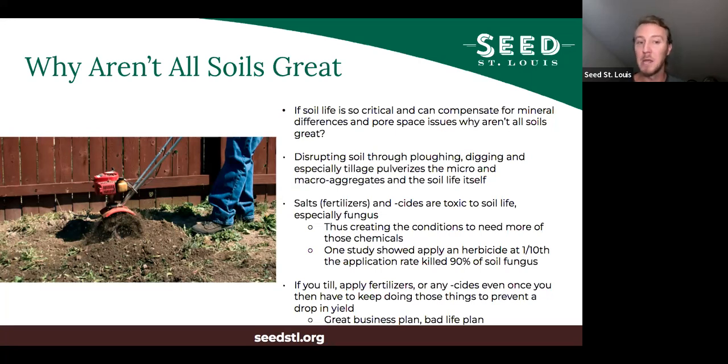The soils aren't great, at least partially because these soil microorganisms are not there. They've been killed for one reason or another, unintentionally. This is stuff we're still learning about. But if you till, or apply fertilizers or any sides, even once, you then have to keep doing those things to prevent a drop in yield. So it's a great business plan if you're selling those things, but it's a pretty bad plan for the continued productivity of your soil.